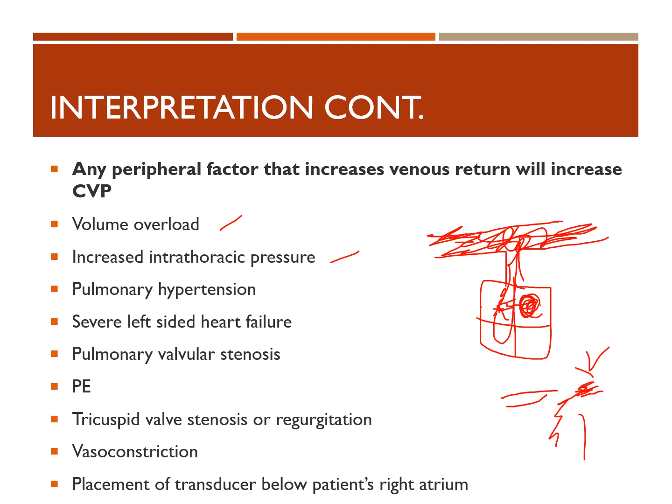Left-sided heart failure, of course, we talked about that before. If the left ventricle is not pumping out blood, then it's going to back up into the left atrium. It backs up through the pulmonary veins, and if it backs up through the pulmonary veins, it backs up into the pulmonary capillaries.